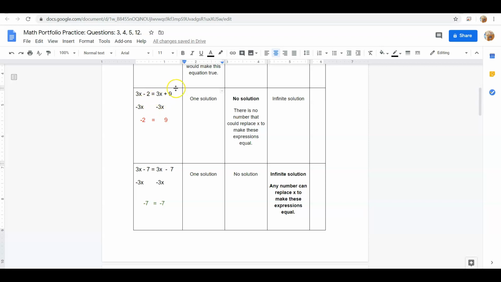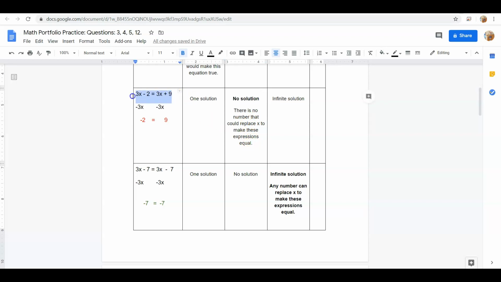But in this case, we have the same number next to the variable. So there's no smaller number, so we just eliminate 3x here and then 3x here on both sides, and we're left with -2 equals 9. We know that -2 does not equal 9, so that's no solution. And there's no number that could replace x to make these expressions equal.